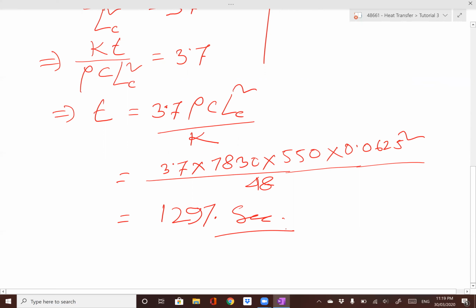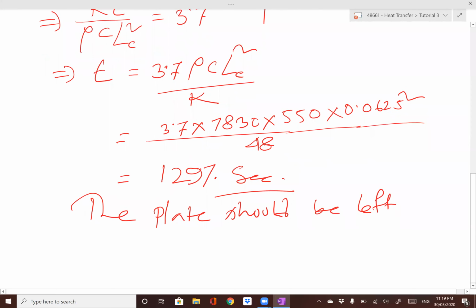So the plate should be left 1297 seconds in the furnace.